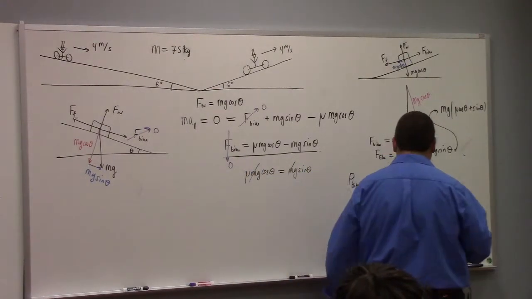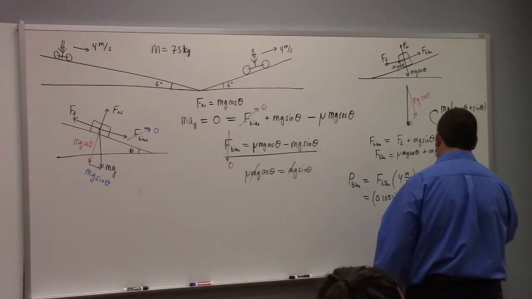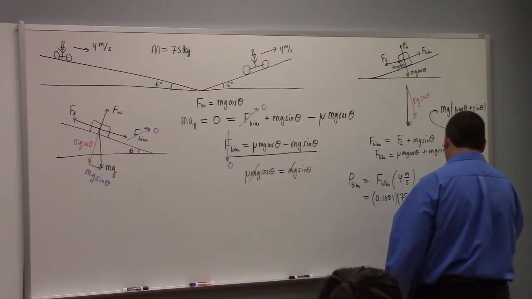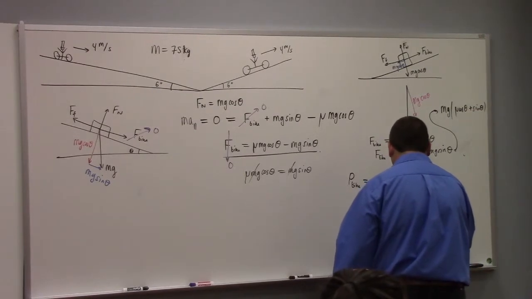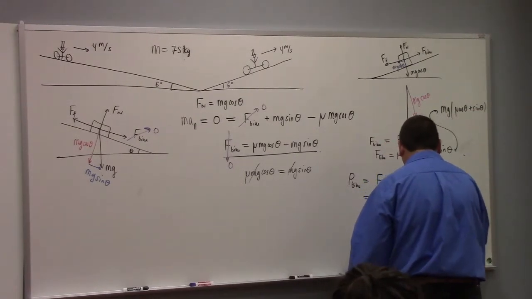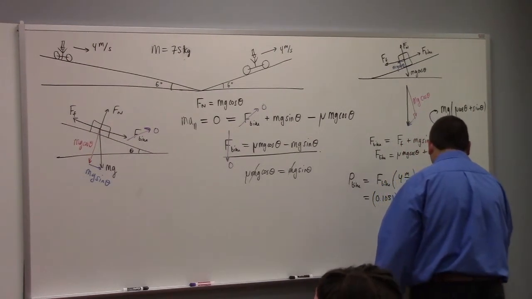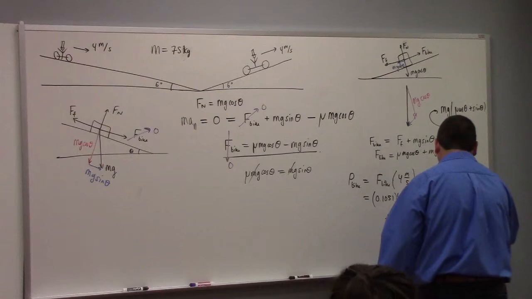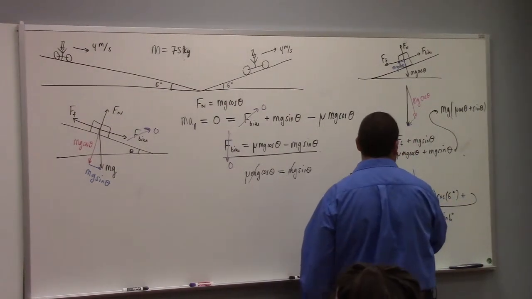Now I got to put in my, oh, I'm an idiot. Fine, cosine 6. And then plus 75. I was trying to avoid doing this twice. It's too late. 75 times 9.8 meters per second squared times the sine of 6 degrees. And all of that times what?